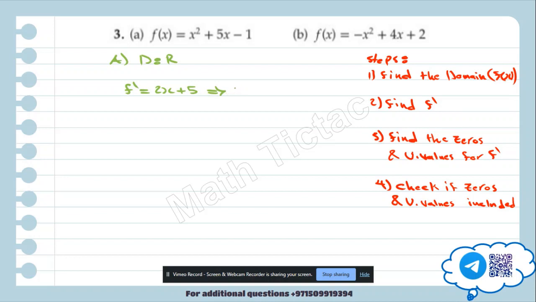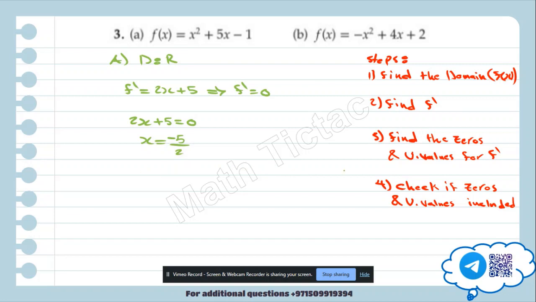But for finding the zeros, I can make f prime equal to 0. So 2x plus 5 equals 0. After moving the 5 to this side and dividing both sides by 2, that gives me x equal to minus 5 over 2.